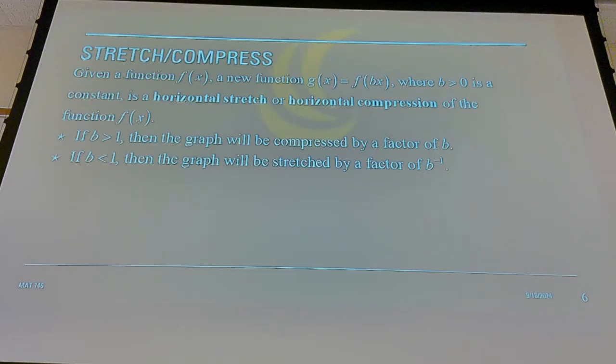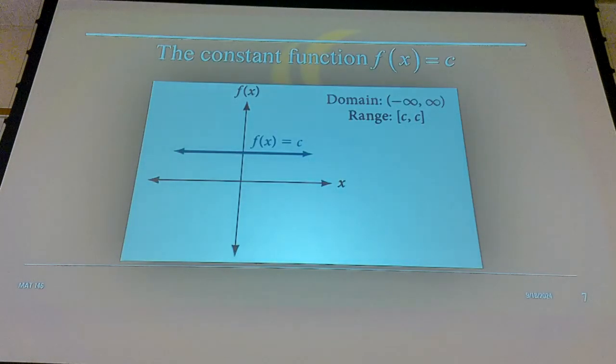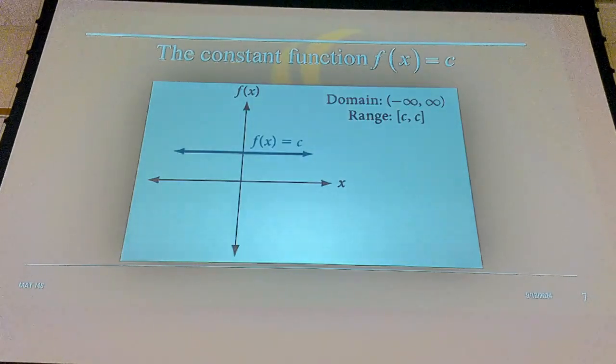All right, so now let's examine the toolkit functions. First one, probably the easiest one, the constant function. It's just a horizontal line at the value c. Domain is all real numbers. Oh dear.